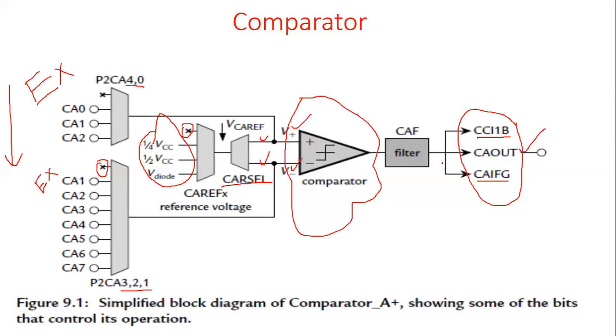The resulting output is used for three purposes. One is CAOUT, used as output for some other functions, another is the capture compare input for timer A, and generating an interrupt, that is the CA interrupt flag. Okay, this is the comparator.